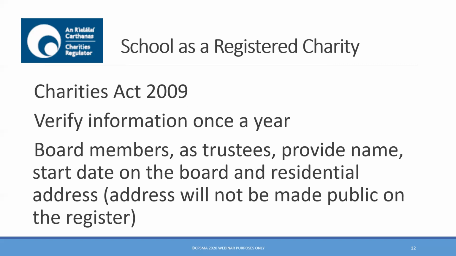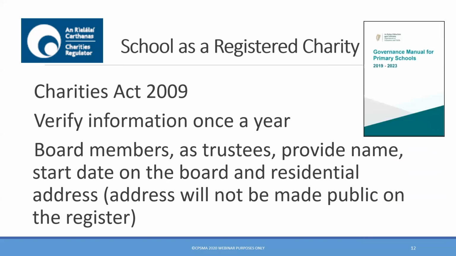Residential addresses provided will not be made public on the register. Boards are also required to indicate which board member is the chairperson. The Charities Regulator has advised the Department of Education that boards of management that comply with the provisions of this document, the Governance Manual for Primary Schools, also meet the requirements set out by the regulator in the Charities Governance Code.